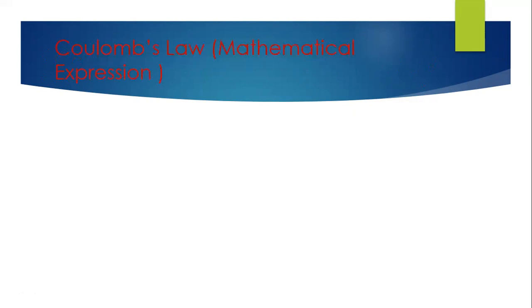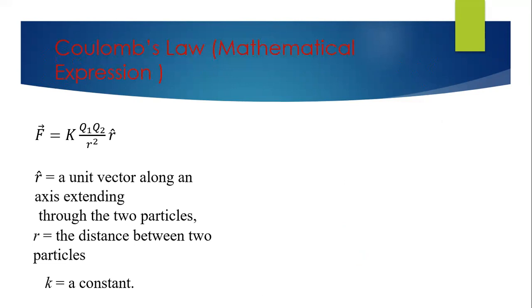Okay, so the mathematical expression for Coulomb's law states that this electrostatic force F can be calculated by this product that has the charge Q1, charge Q2 divided by R square. Here R is the distance between both charges.